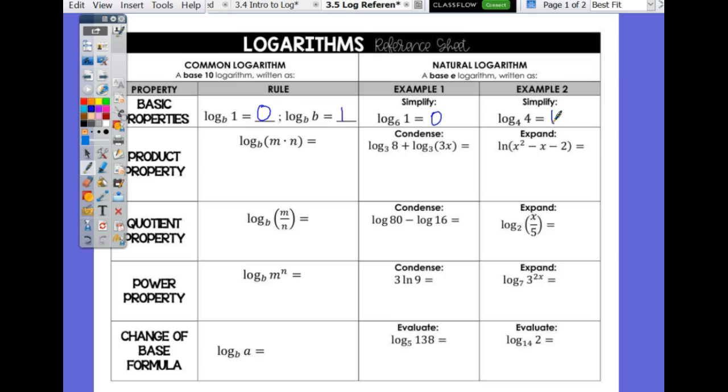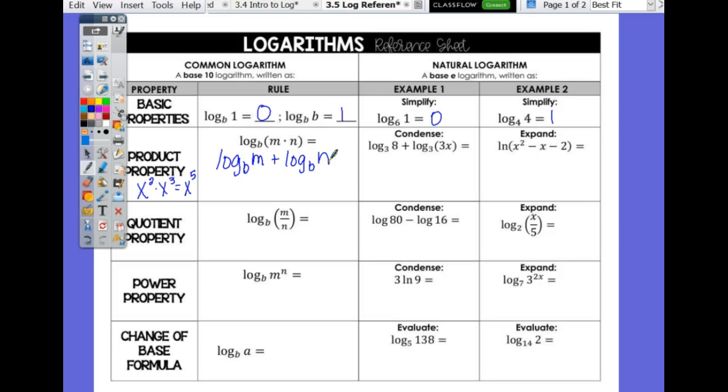If I'm multiplying x squared times x to the third, what do I do with my exponents? I add them. So I get x to the fifth. So when I multiply, I'm going to make that add. And this is what it's going to look like. We separate it with the plus sign.